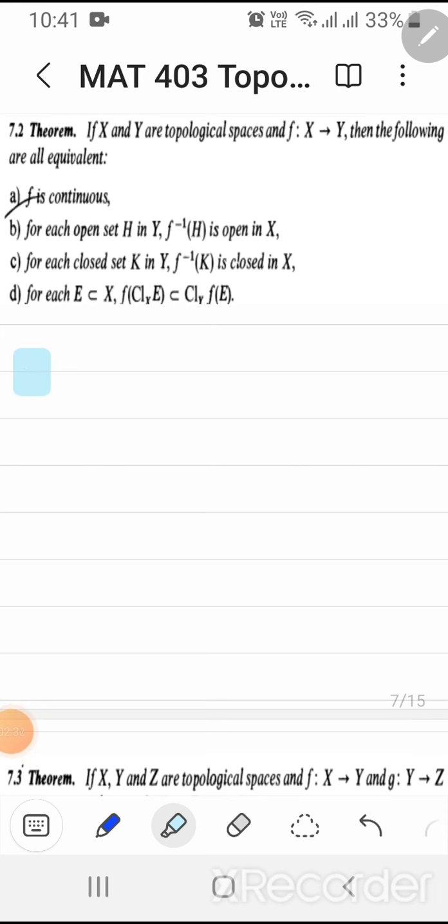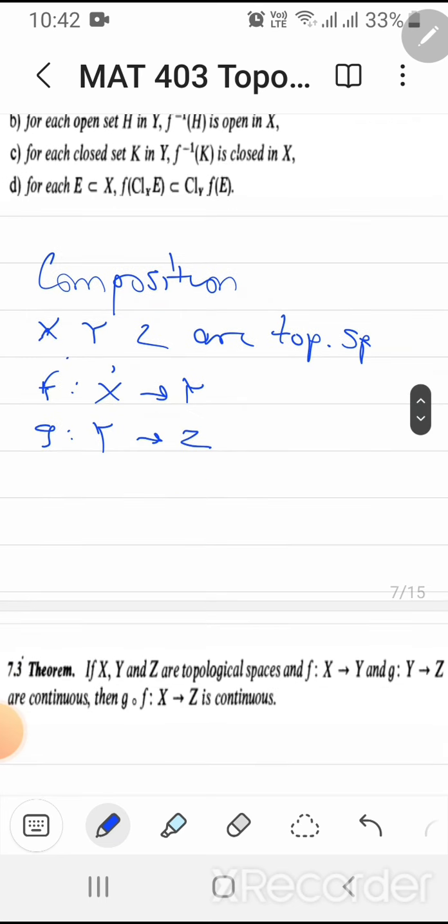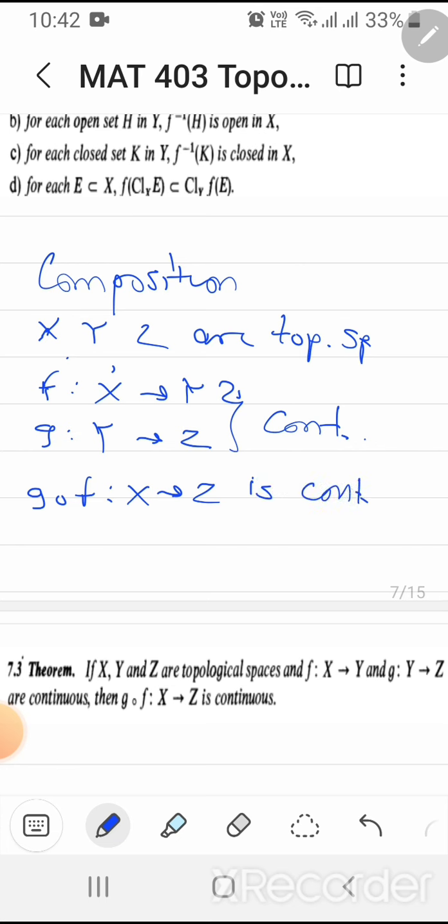Now the next result is on composition. There are three topological spaces X, Y, Z. If X, Y, Z are topological spaces, and the functions f from X to Y and g from Y to Z are continuous, then the composition of f and g, that is g o f from X to Z, is also continuous.